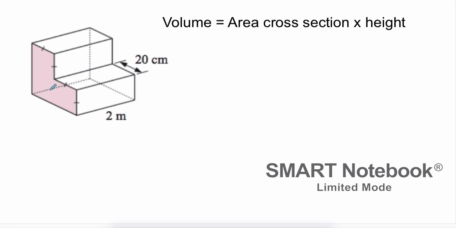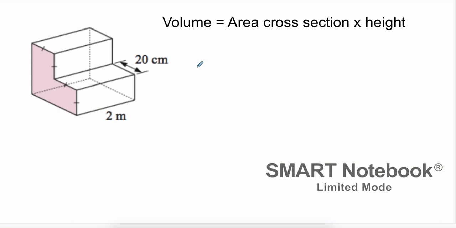If I put this prism upright, meaning the cross-section is on the ground at the bottom, then obviously this length will be vertical, and then we call it height. So you don't need to be confused about it. As long as you know that you just need to multiply the area of the cross-section by the distance between the two ends of the cross-section.